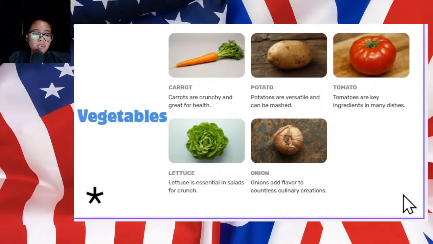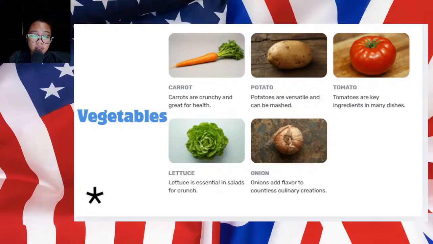We will move beyond just naming them to understand how they feel, is it crunchy, soft, and how they are used in the kitchen and why they are vital for our health. Mastering these words will help you understand recipes, shop for groceries, and talk about the balanced meals that sustain us every day.